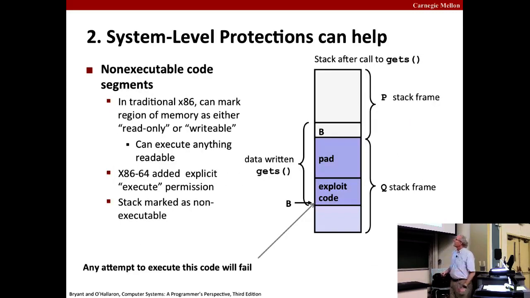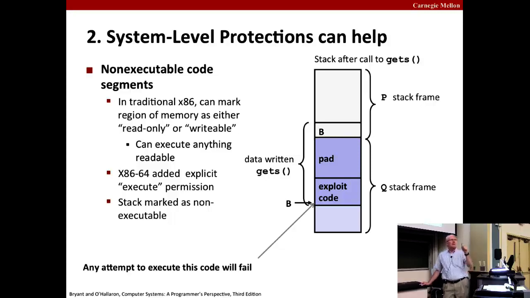Another idea that's fairly straightforward, but it took a long time for the hardware people to implement, is, well, why is there supposed to be code on the stack in the first place? Isn't the code supposed to be located down in the text segment where it can be specially identified as being executable? So in the original x86, there's a 1-bit flag for each region of memory, actually 2 1-bit flags.